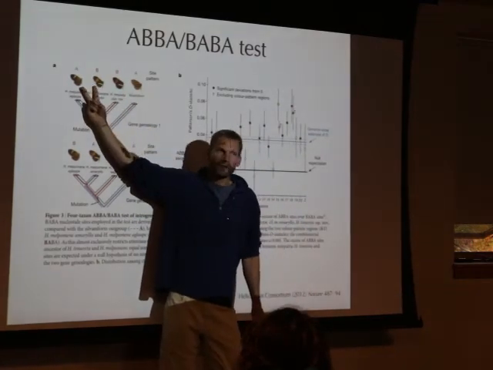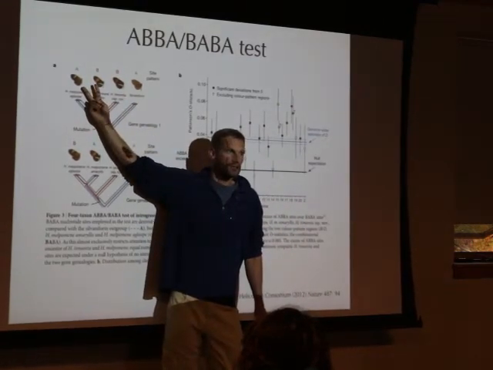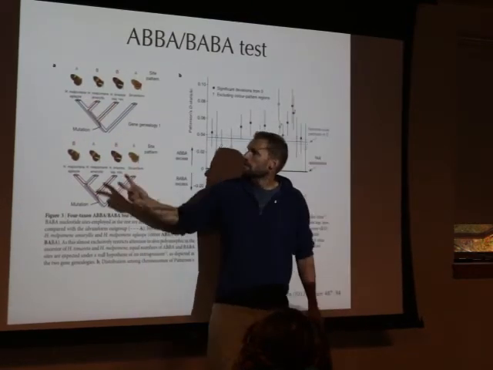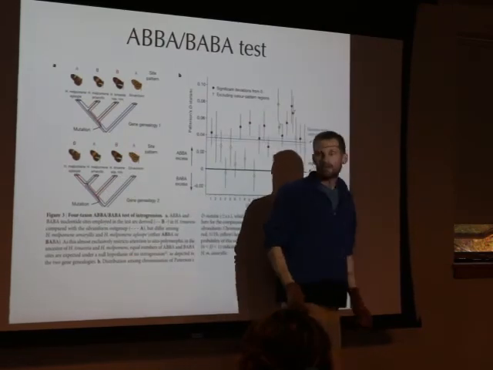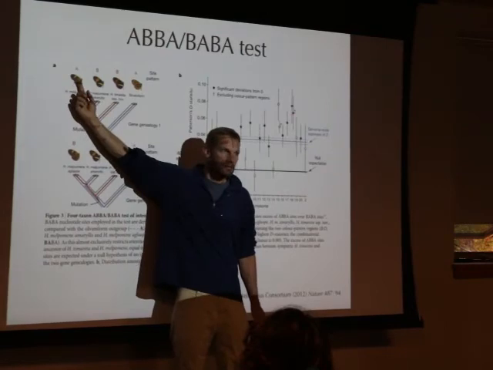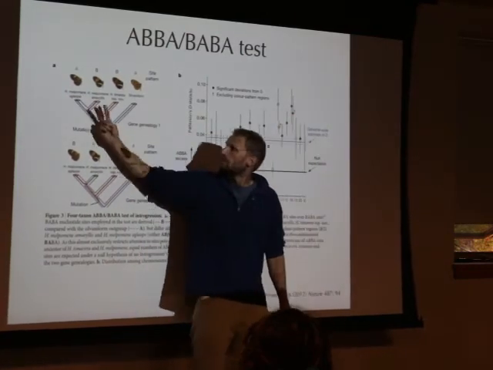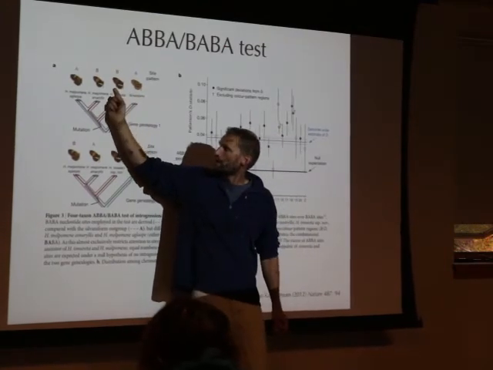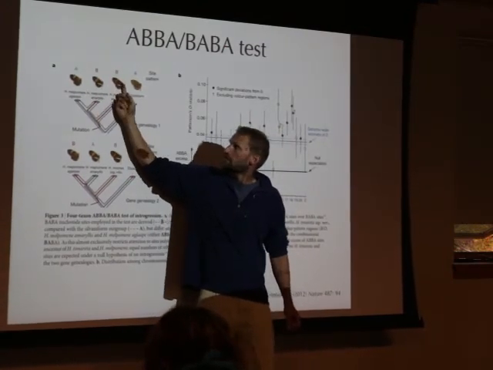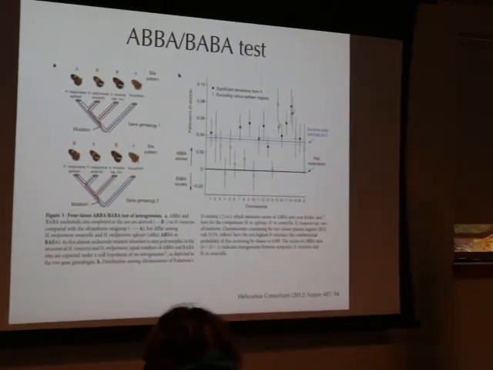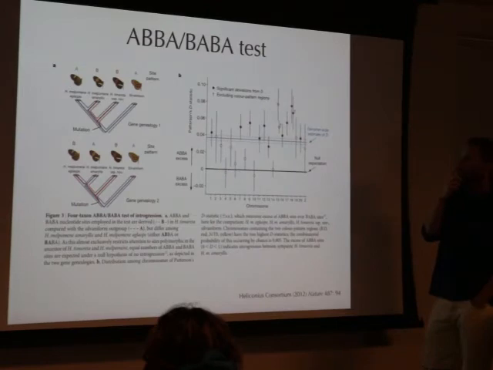If these two differ in which version they have, the ancestral or the derived, A or B, you can ask across loci, is there a preference in whether this one has the ancestral one or this one has the ancestral one? The derived one, the B allele, is an indication of introgression from the species into one of those. So you can test whether loci differ from the neutral expectation.